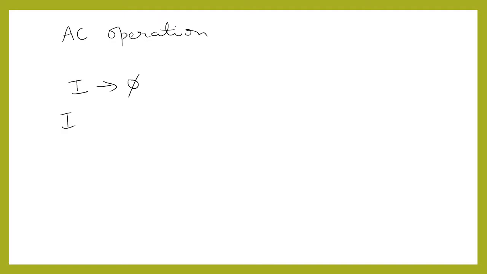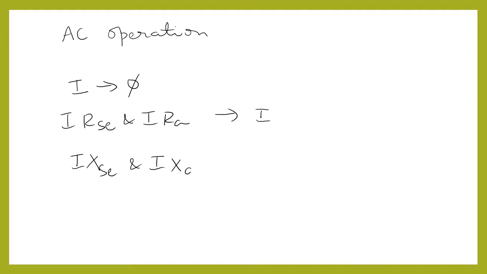So the drops IRSC and IRA are in phase with current, while the drops due to reactance IXSC and IXA lead the current by 90 degrees.